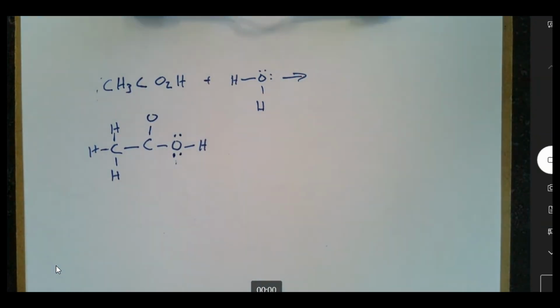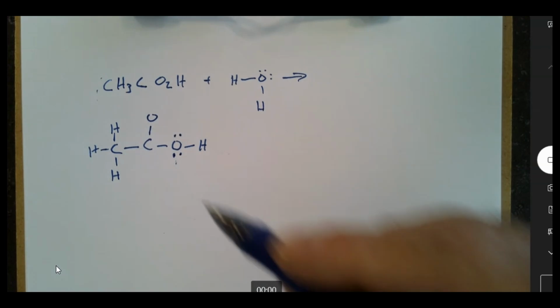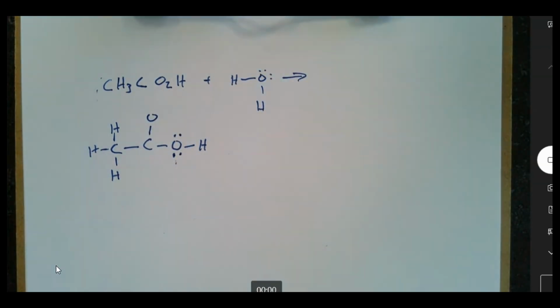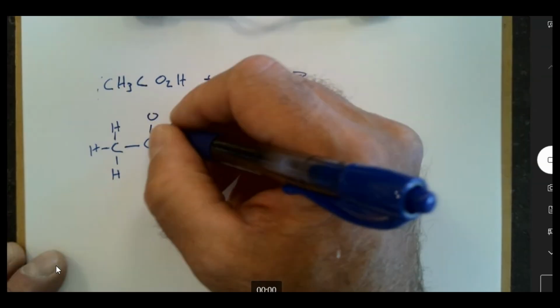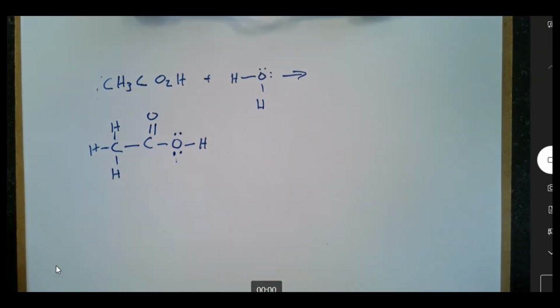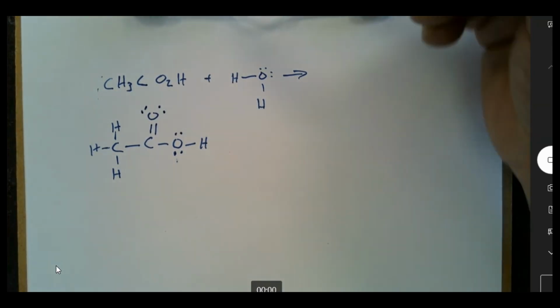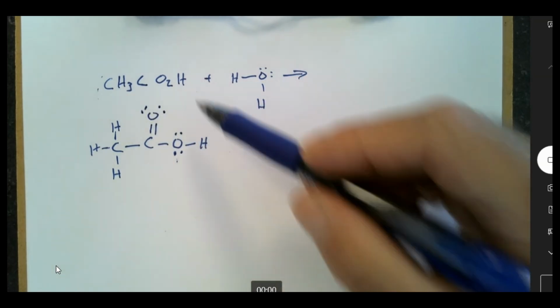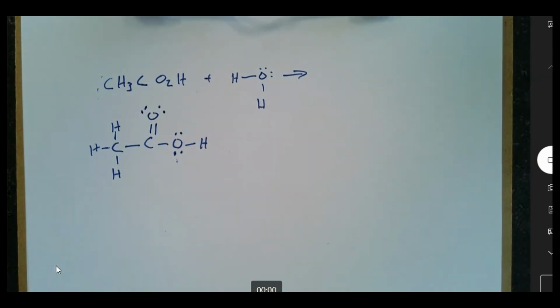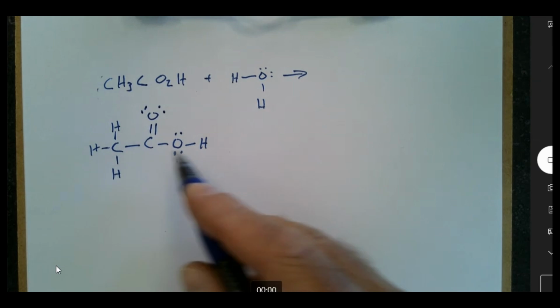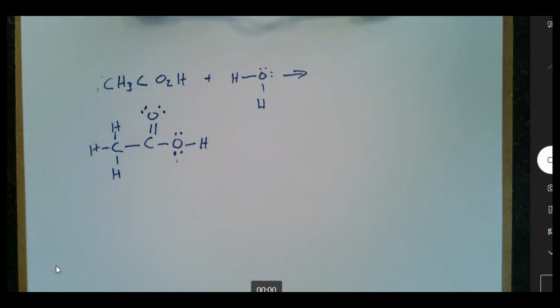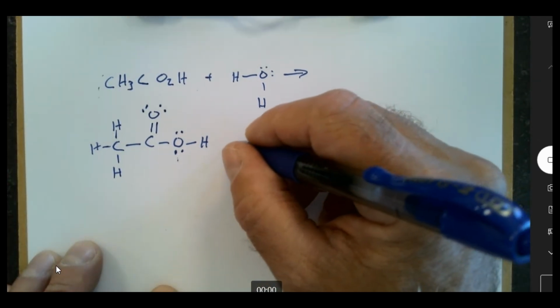Now it'd be a +1 charge. It's only got 3 bonds. Is this oxygen happy? No, it only has 1 bond. So if I put a double bond there, I could be sloppy and just go on. All right, so if you went back to Chem 1 and you summed up all the valence electrons you got to work with there, you should find all of those down here. All right, so there is acetic acid.